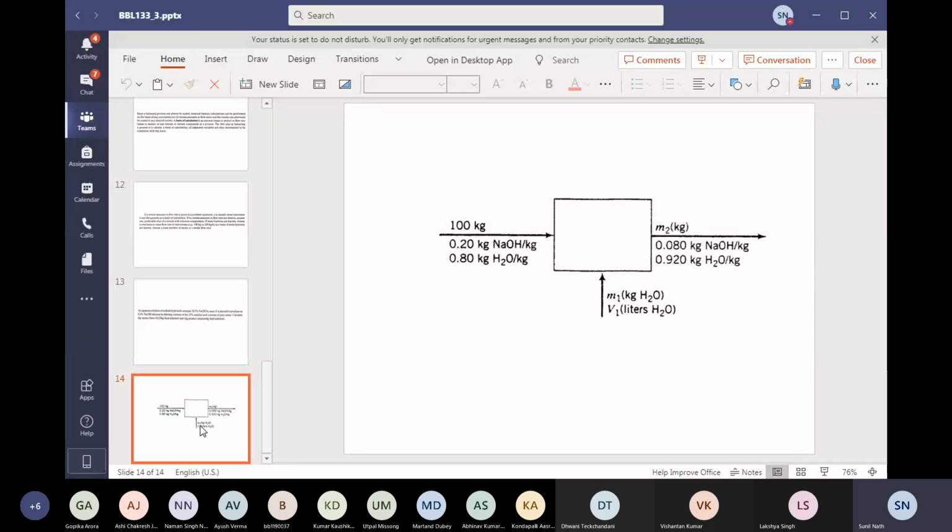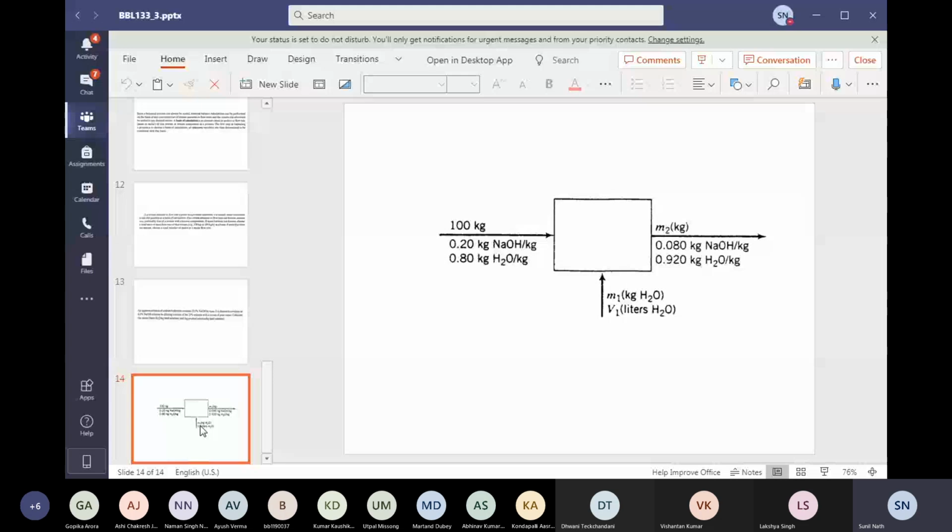That is the dilution, due to the incoming stream of water. And then you have the 8% composition coming out, and M1, M2, according to him, are the unknowns. So we can do an overall balance, and we can do a sodium hydroxide balance, and we can get those two unknowns. So please do them.